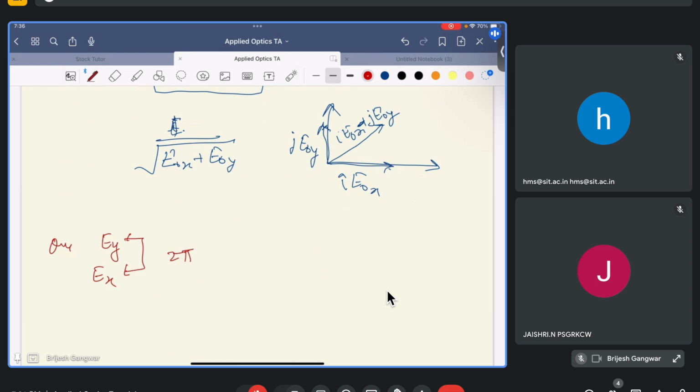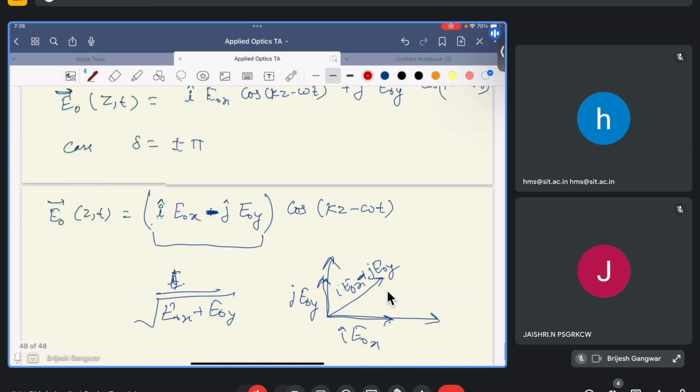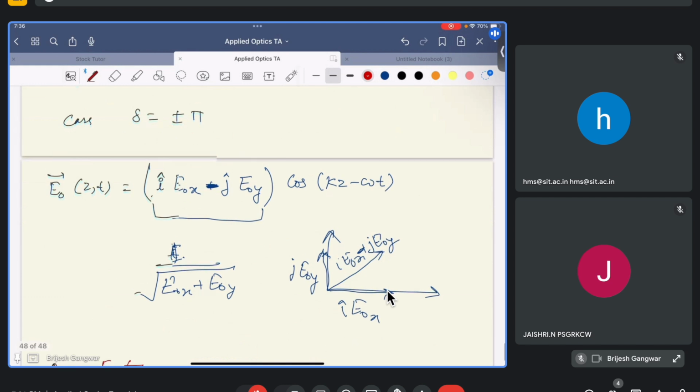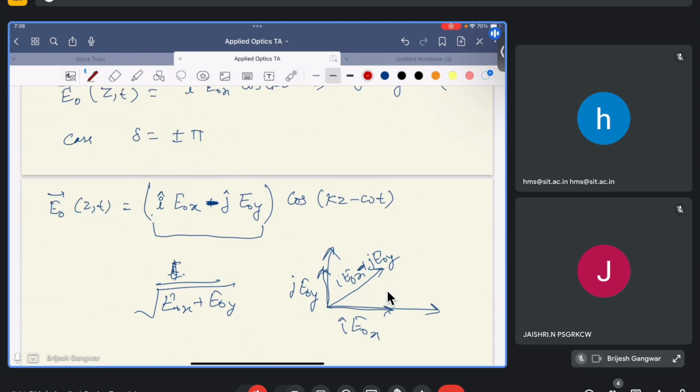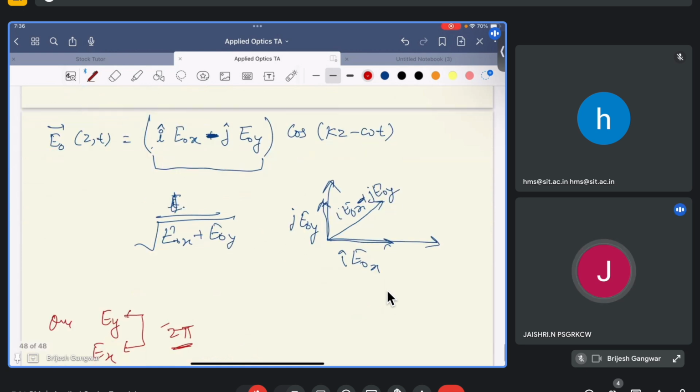Again we will consider the same terminology here and here. Now we are considering the phase is 2 pi. So in the second case, if we consider 2 pi, then this will be plus cos, right? So the resultant will be i E0x plus j E0y, something like that, the amplitude, and this term will be the same. So this will be again linearly polarized light.